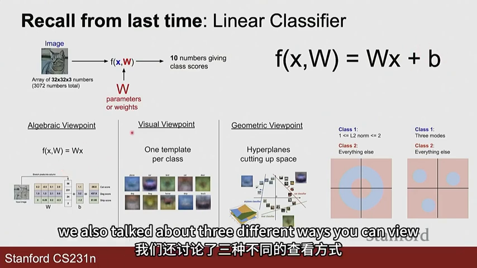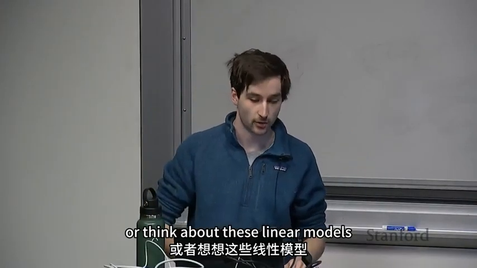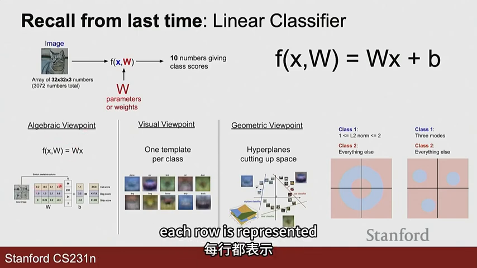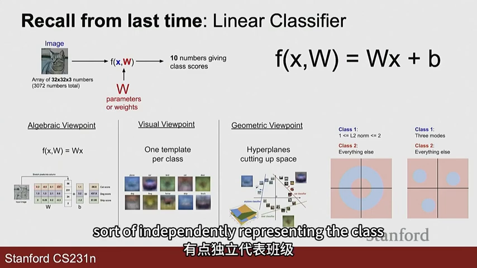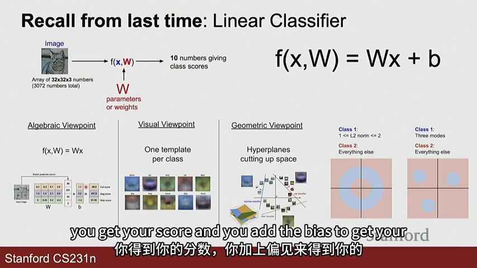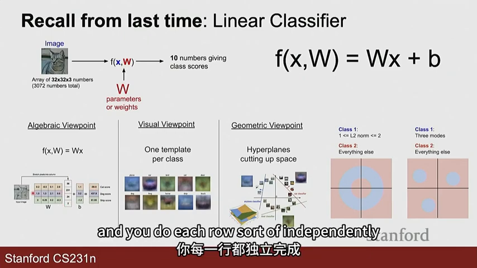And we also talked about 3 different ways you can view or think about these linear models. One is the algebraic viewpoint, which I described here, where each row independently represents a class, and you multiply it by the input vector X, you get your score, and you add the bias to get your final score. You do each row independently in this sense.